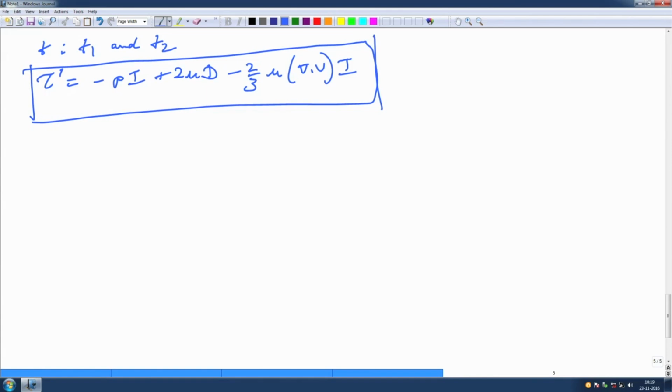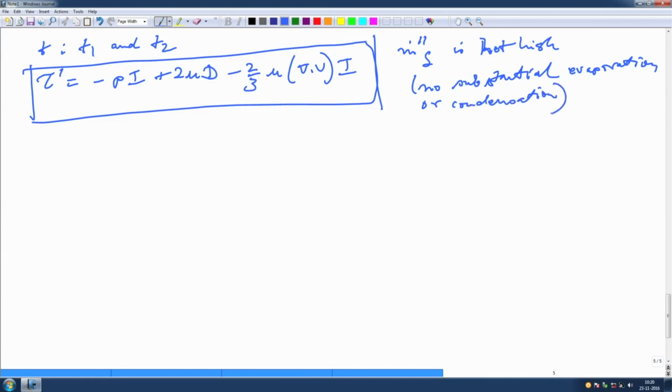So, in many cases m triple dot prime, this one, is not high, right. That means the other way of saying is that there is no evaporation or condensation that you are talking about. So, no substantial evaporation or condensation.